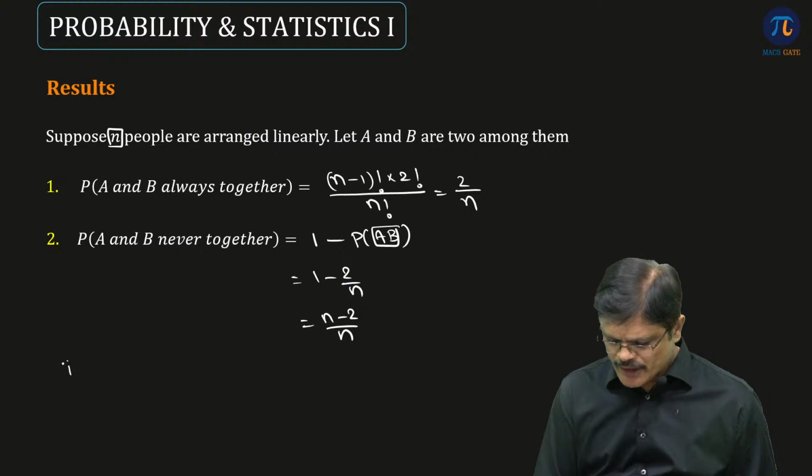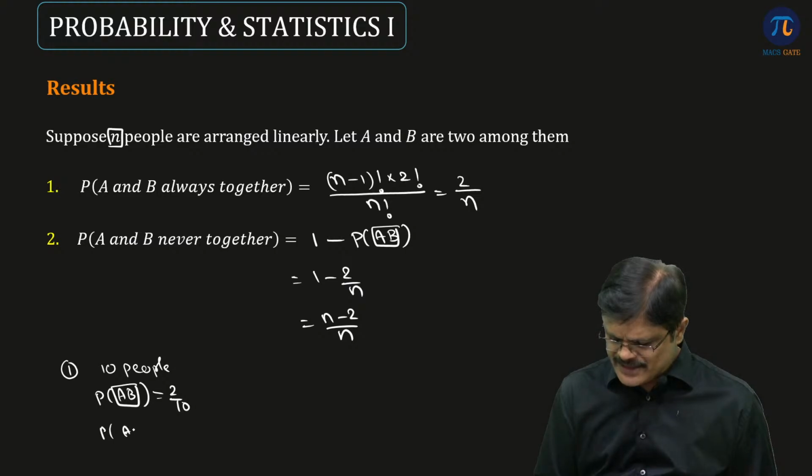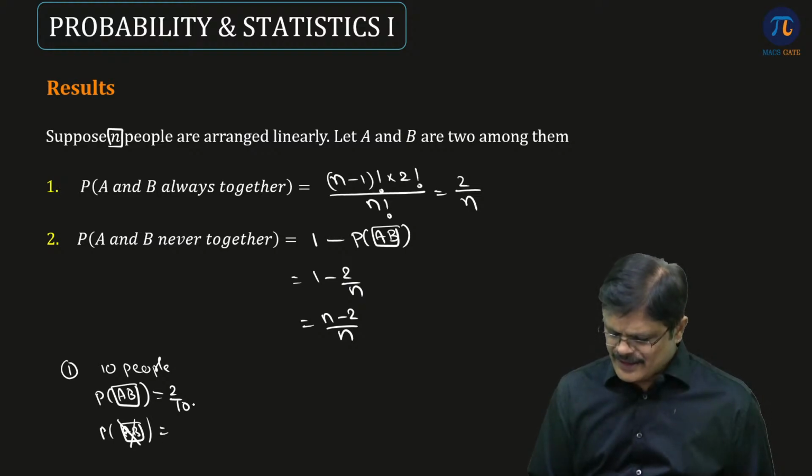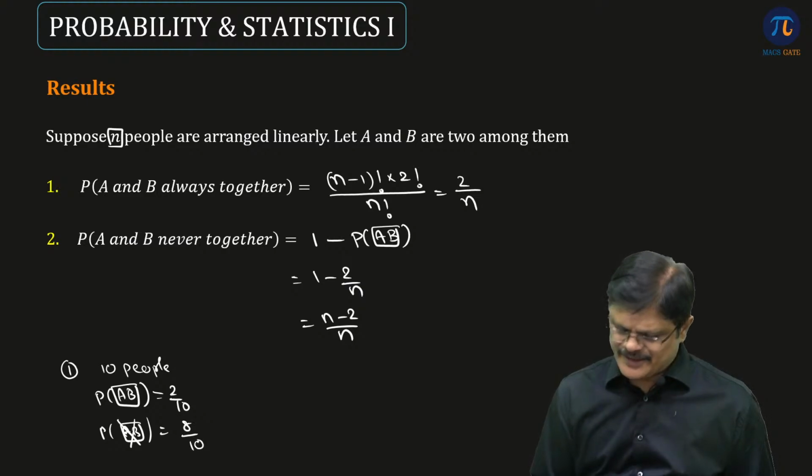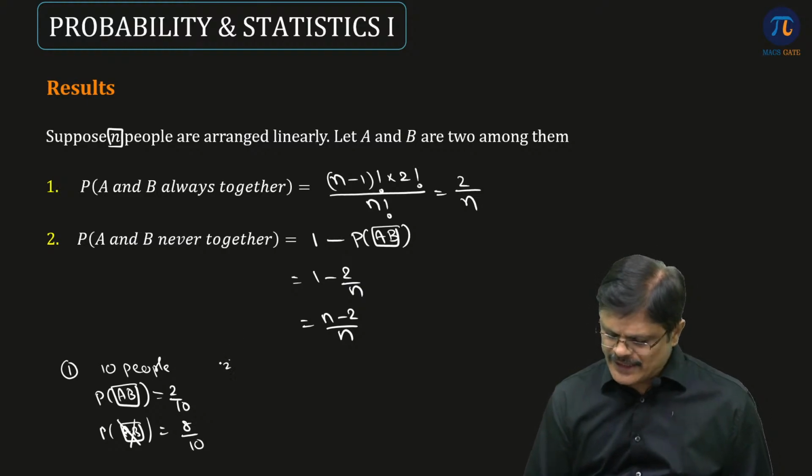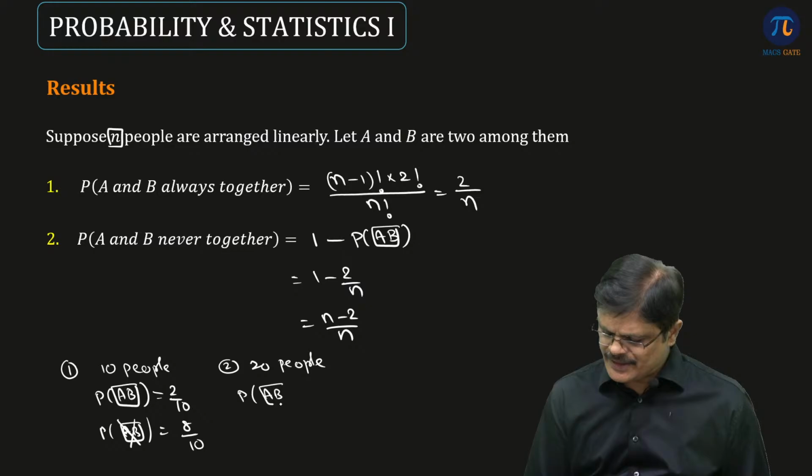If you want to use the formula method, suppose you have 10 people. What is the probability that a certain pair is always together? It is 2 by 10. What is the probability that a certain pair is never together? It is 10 minus 2, that is 8 by 10. Suppose you have 20 people. What is the probability that AB are always together?